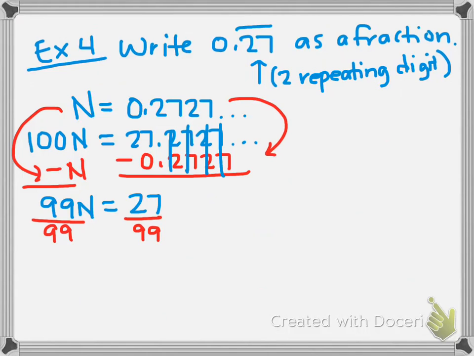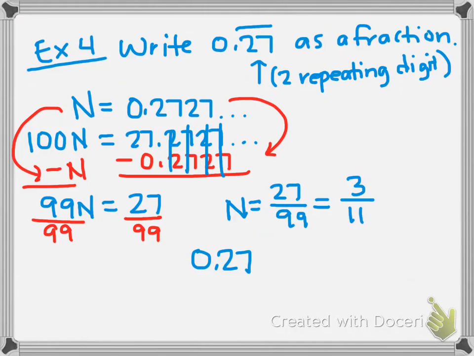Okay, and then I get n equals 27 over 99. We can reduce that. 9 goes into both 27 and 99. 9 goes into 27 3 times, 9 goes into 99 11 times. So the decimal 0.27 repeating is the same as 3/11ths as a fraction.